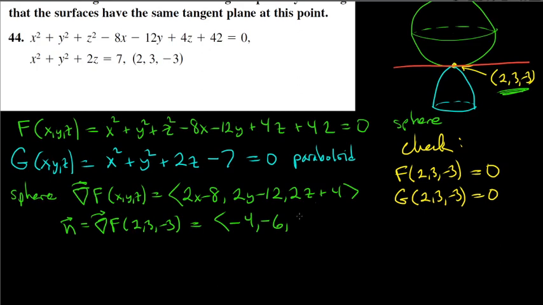And then -6 plus 4 is -2. So there's our normal vector. If you want to find the equation of the plane, go right ahead. It turns out we don't really need the equation of the tangent plane. Now let's do the same thing for the surface G, the paraboloid.